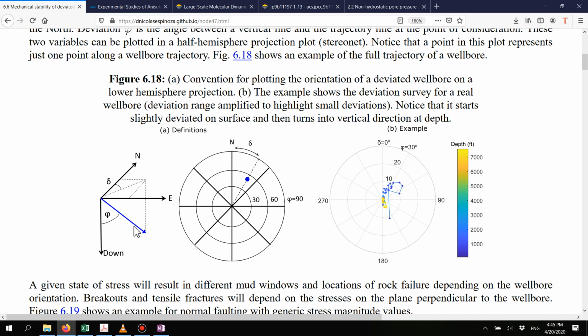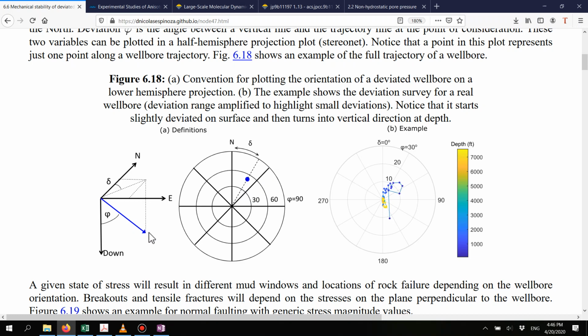This orientation, we can also plot in a stereonet projection. In this stereonet projection, we see the orientation of the wellbore, or the azimuth, here by this angle denoted this time as delta. And also we can see what is the deviation of the wellbore.